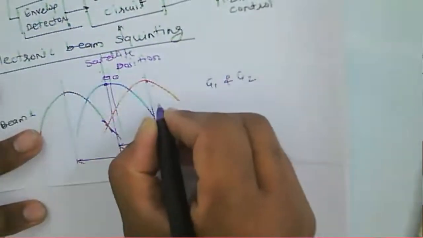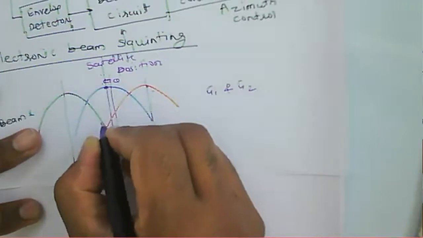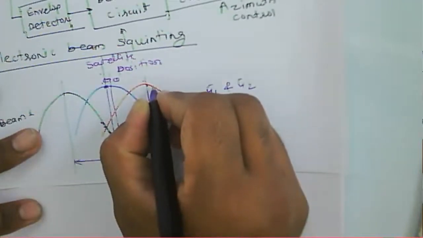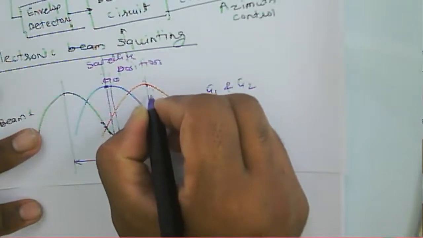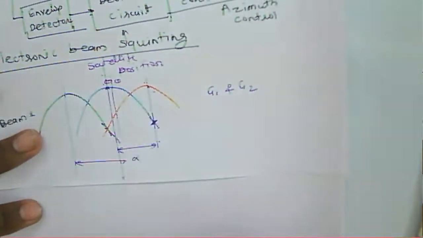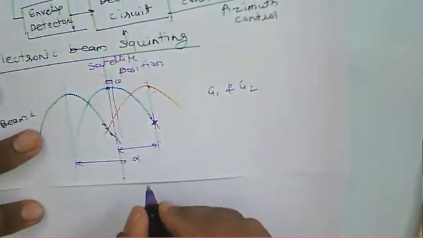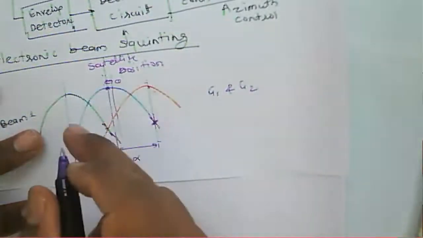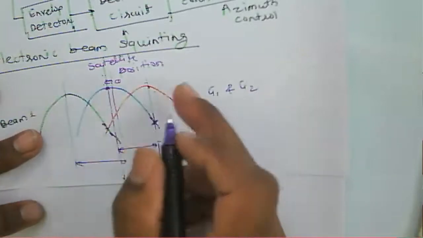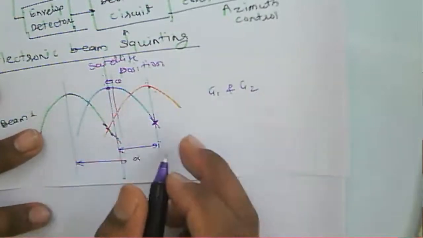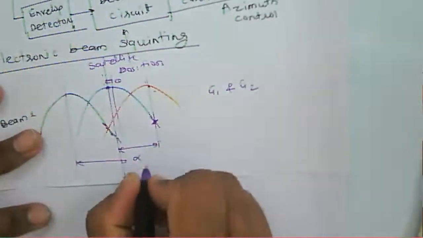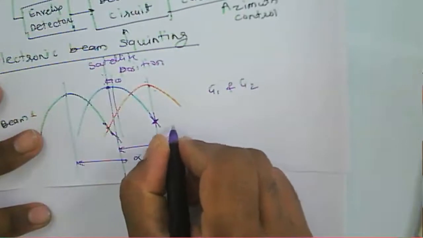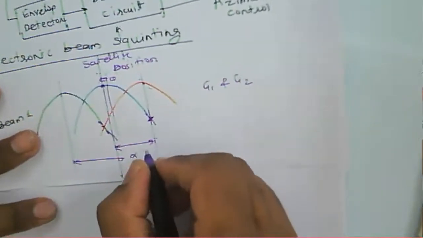From this to this is your beam here, and the main beam coincides here at this particular point. Now we need to find the strength of that beacon signal. We have these two beams, G1 and G2, and for this we need to find what will be the gain loss.